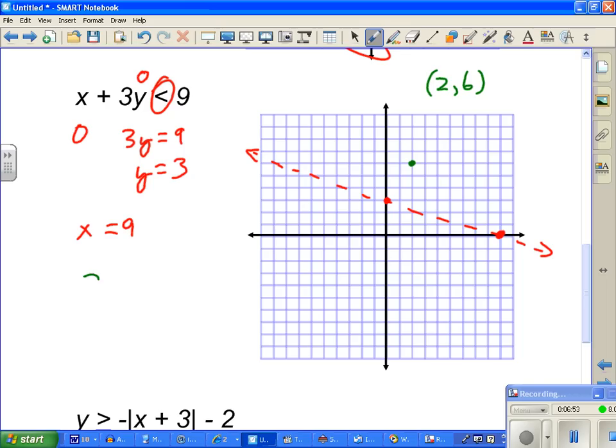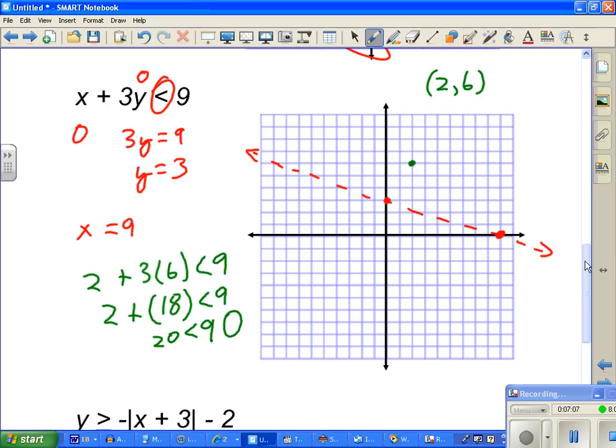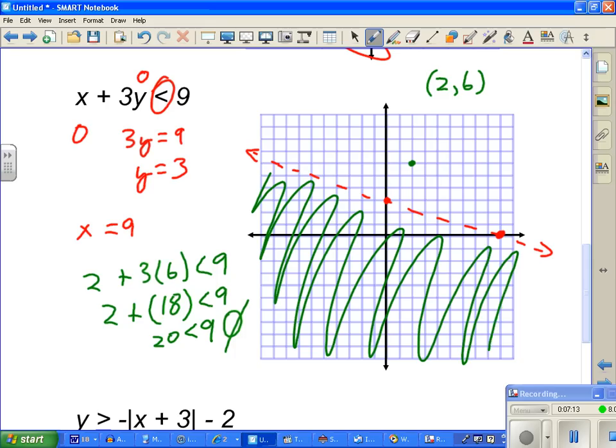Okay? 2 plus 3 times 6 is less than 9. 2 plus 18 is less than 9. 20 is less than 9. Is that true? No, that is not true. So don't shade above. Don't shade where the point is. Shade on the side of the line where the point is not, because this was not a solution. Okay? Hopefully this is making sense.